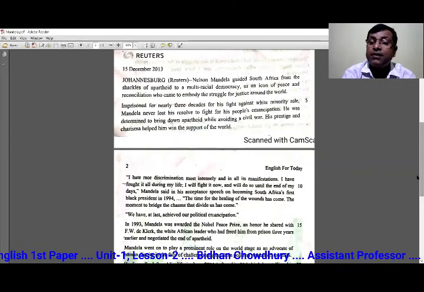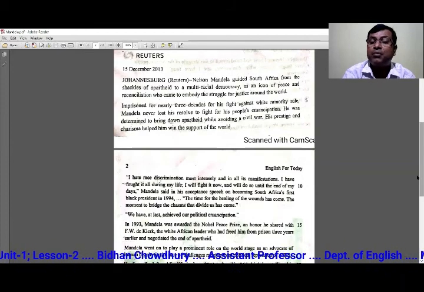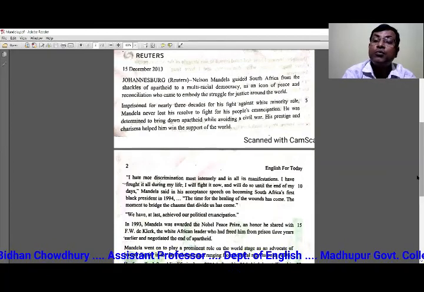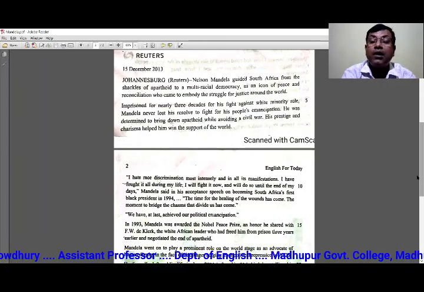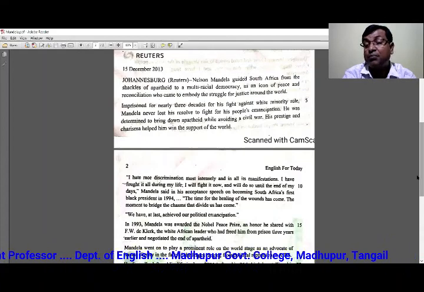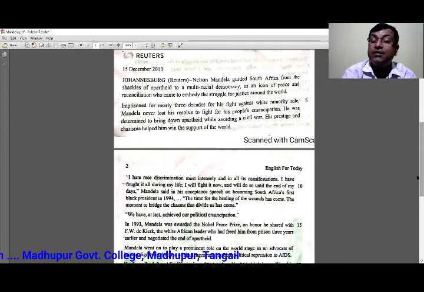Mandela said in his acceptance speech on becoming South Africa's first black president in 1994, when Nelson Mandela was made the president of South Africa, the first black president of South Africa, just at that moment, he uttered these lines.